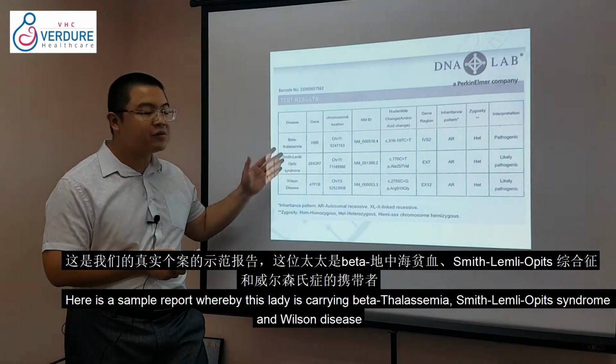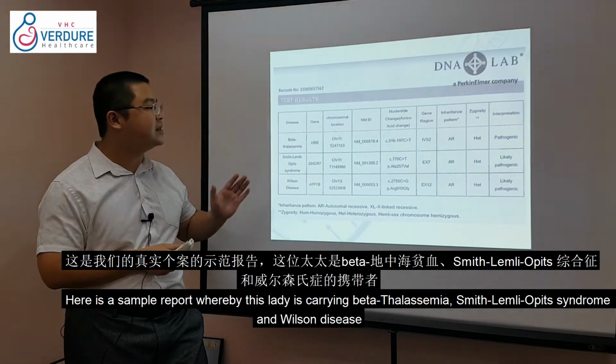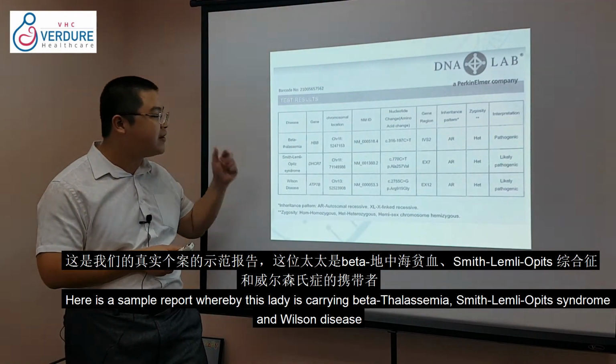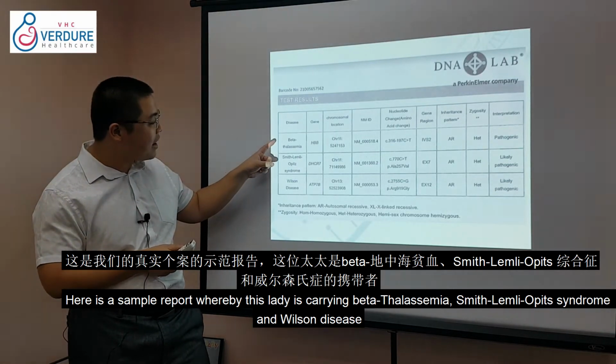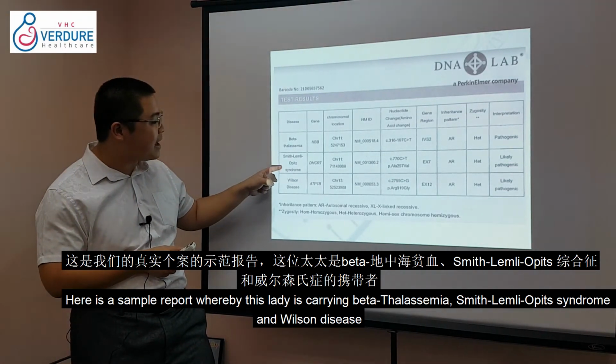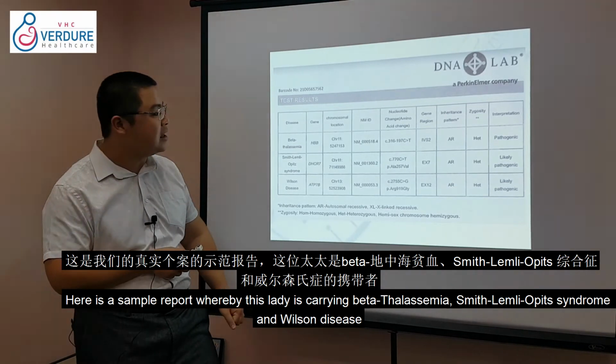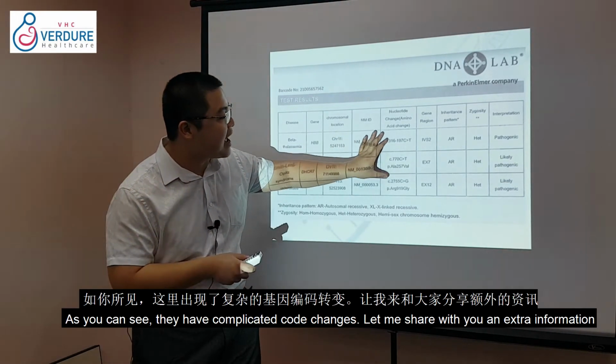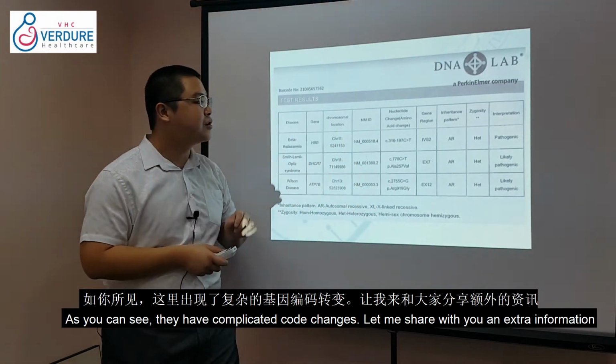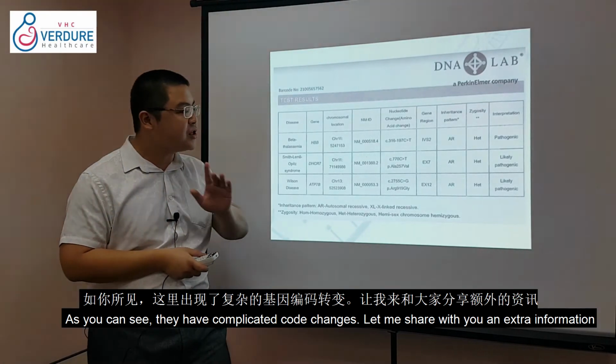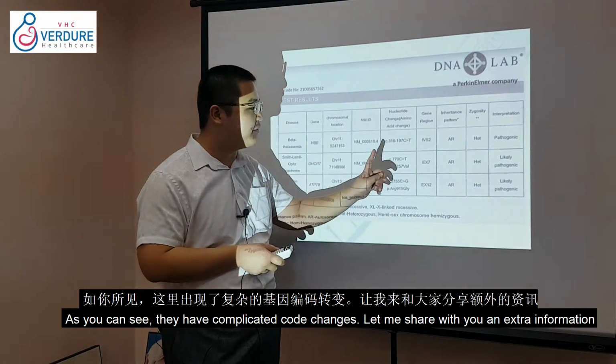Okay, so this is a result that it will generate. For example, I believe this is a wife's report. So she's carrying beta thalassemia, Smith-Lemli-Opitz, and Wilson's disease. So as you can see, they have very complicated code changes. So let me share with you an extra piece of information.